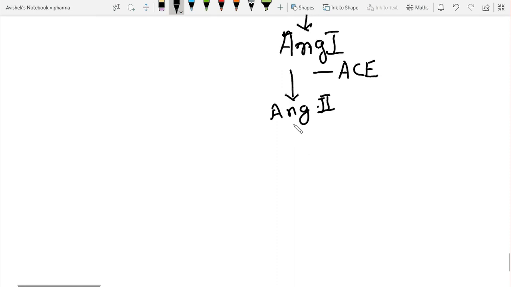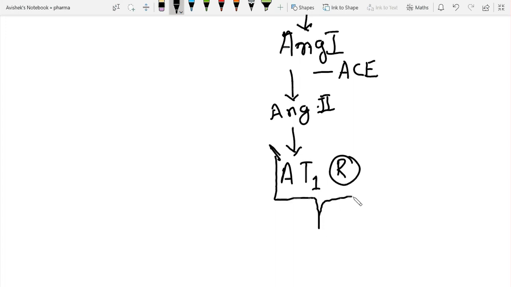Now angiotensin 2 is the vasoconstrictor, so it will go work on the angiotensin 1 receptors. These are the receptors on which they are working.